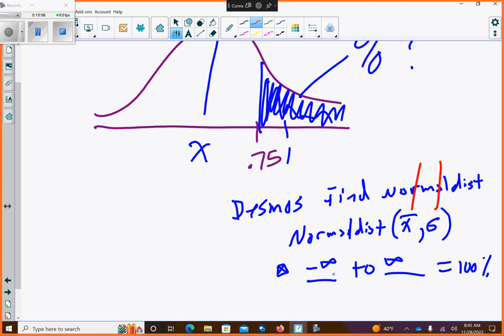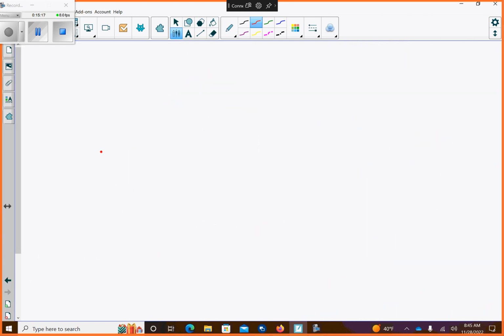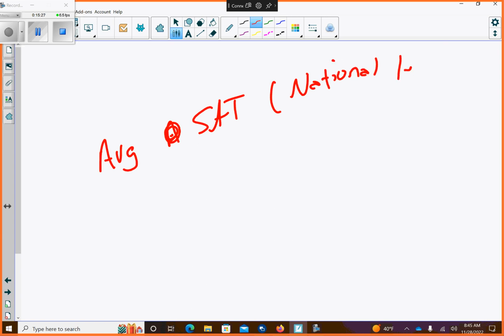Okay, so let's do this. Using your phones, what is the average ACT, or let's do SAT score because we've done it at the national level. I need the average, and I also need the standard deviation.